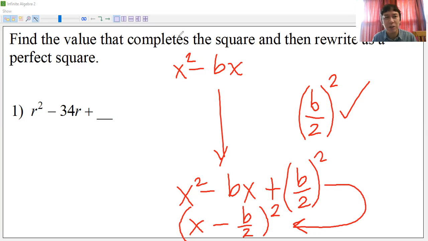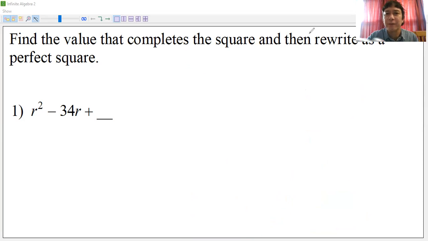We're going to use this in our given questions. I hope you were able to see that part. For number 1, we have r squared minus 34r.